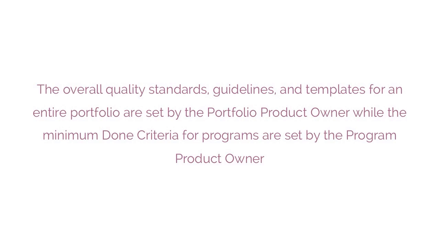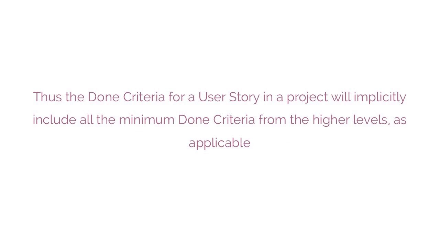The overall quality standards, guidelines, and templates for an entire portfolio are set by the portfolio product owner, while the minimum done criteria for programs are set by the program product owner. Thus, the done criteria for a user story in a project will implicitly include all the minimum done criteria for the higher levels as applicable.